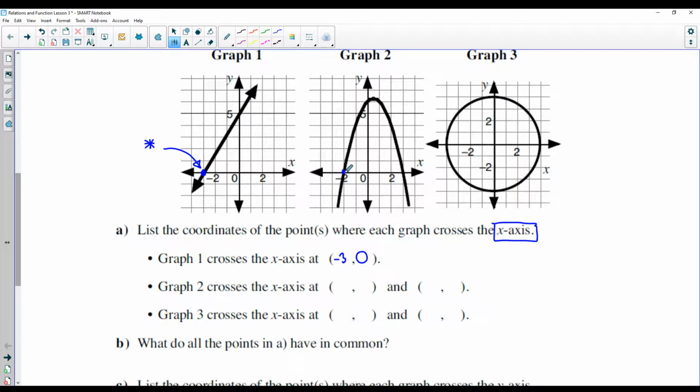We've got one spot right here, and another spot at this location. So on the left-hand side, the graph crosses the x-axis at -2, 0, and on the right-hand side, the graph crosses the x-axis at 2, 0.